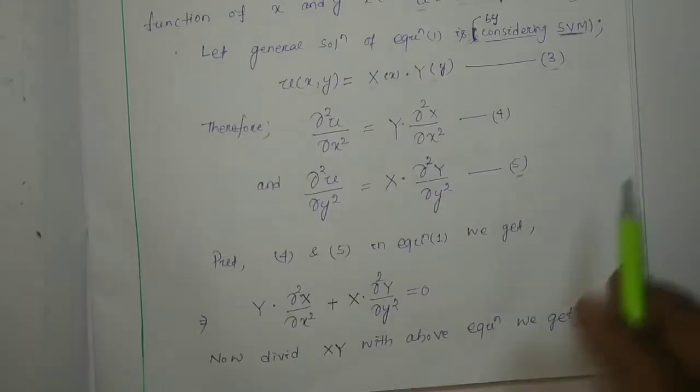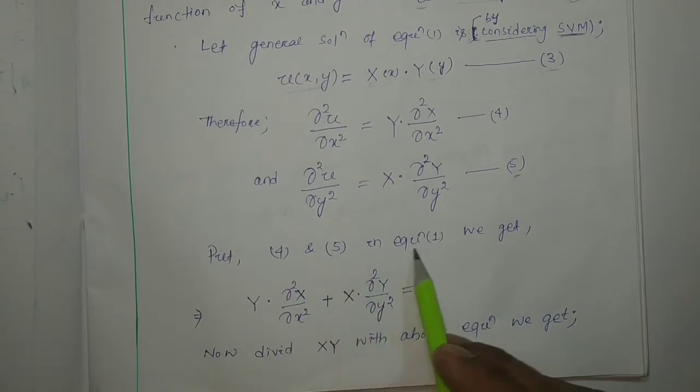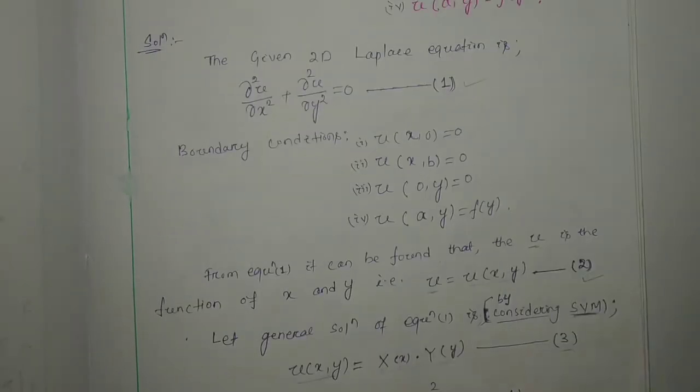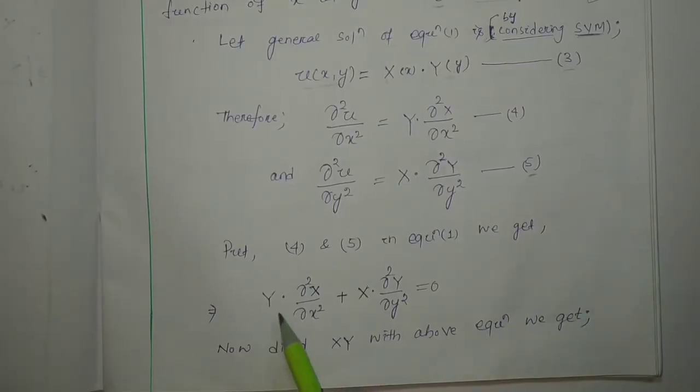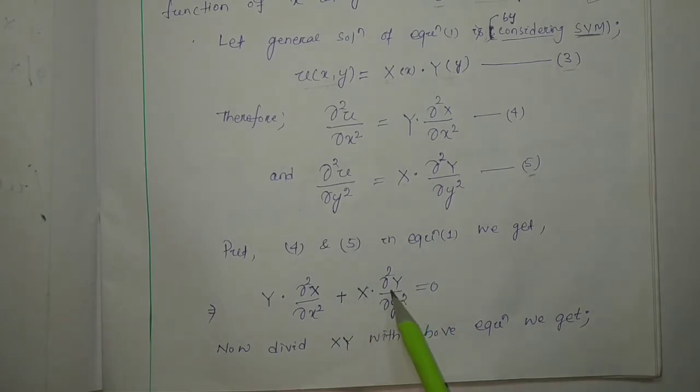Now we have to put 4 and 5 in equation number 1, and here we get Y into del square X by del x square plus X into del square Y by del y square equal to 0.